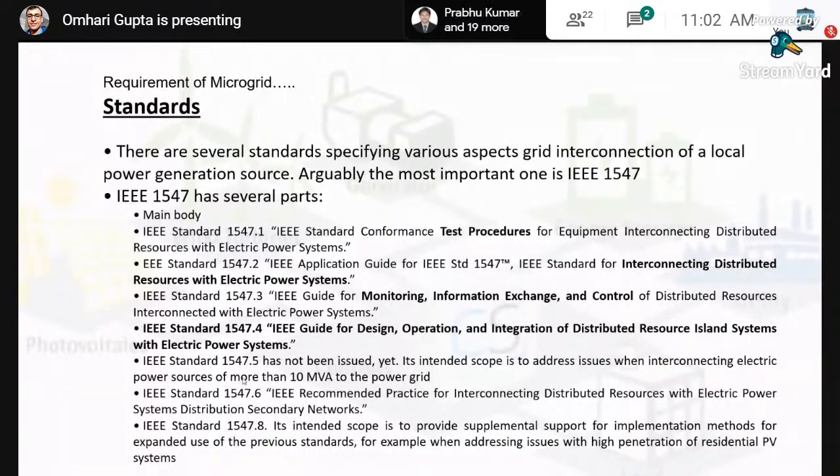And there are several more. 1547.5 has not been issued yet, and then 1547.6 recommends practice for interconnecting distributed resources with the EPS, and like that.